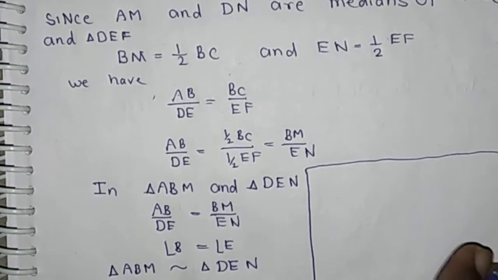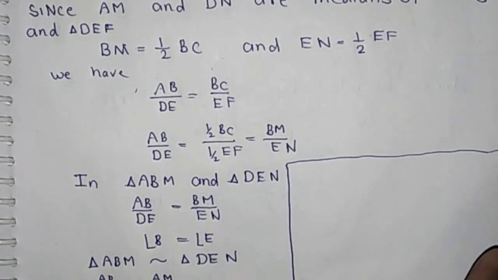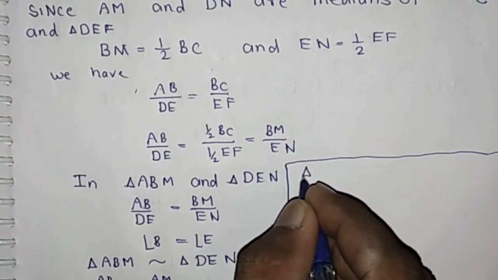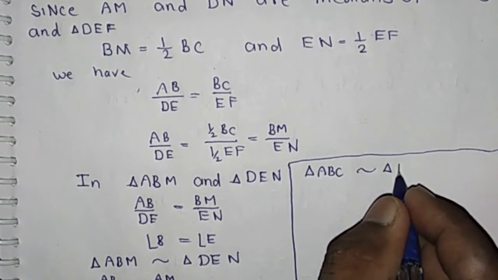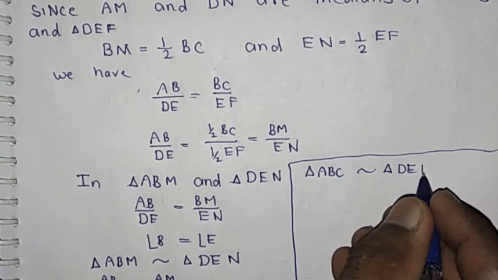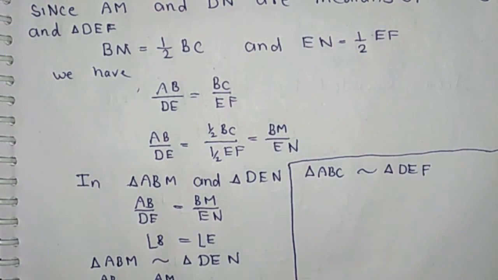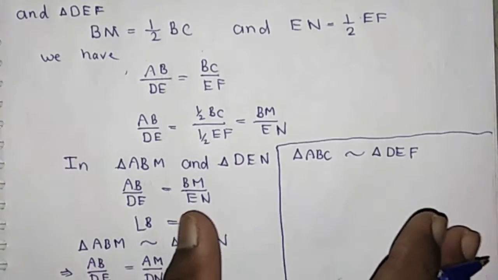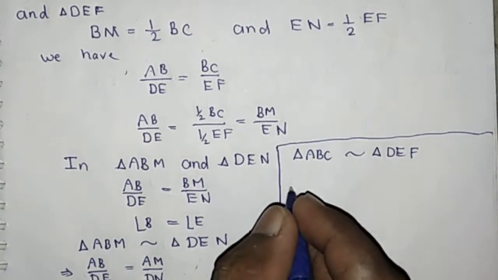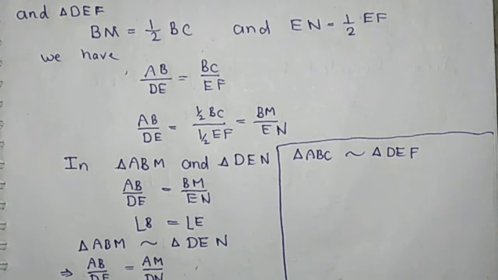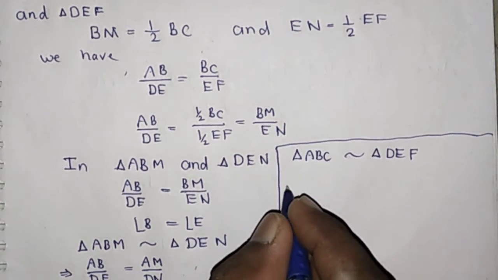Now since triangle ABC is similar to triangle DEF, then by the previous theorem we know that the ratio of the areas of two similar triangles is equal to the ratio of the square of their corresponding sides.